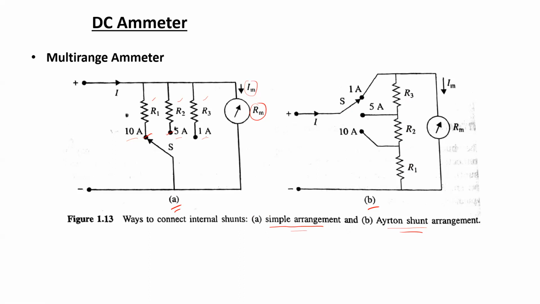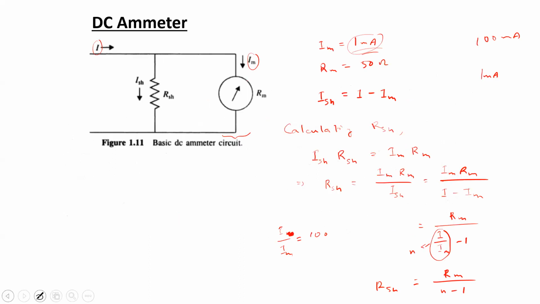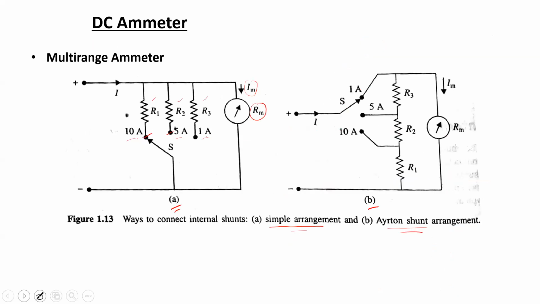Following a similar pattern to the RSH analysis shown in the previous slide, you have to form 3 unknown equations, and from those you can solve in order to determine R1, R2, and R3.